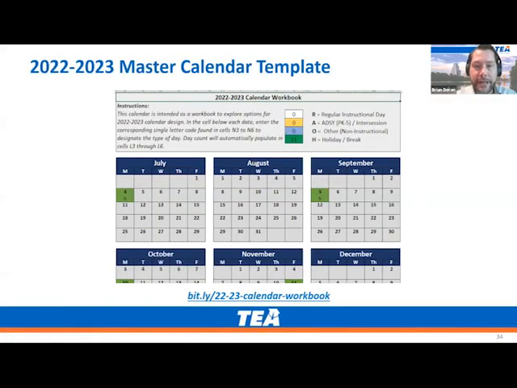And then finally, I do want to cover, as you're thinking through this process, of course, we are in June of 21. It's a little bit late to be doing a more comprehensive redesign for 21-22, but I do want to highlight a resource that we have available for 22-23. It's a calendar workbook intended to help you think through different options in a quick and easy way about how to design a school year.